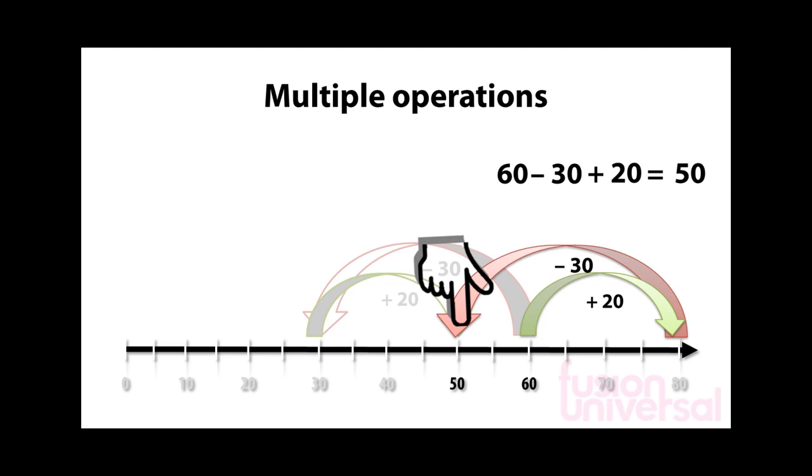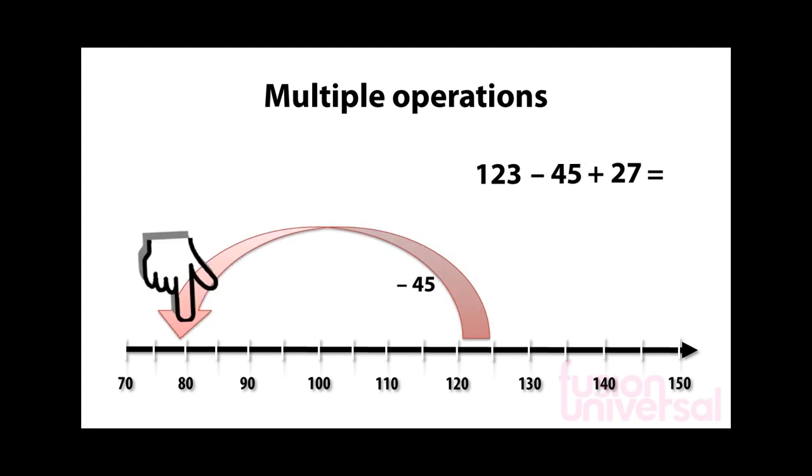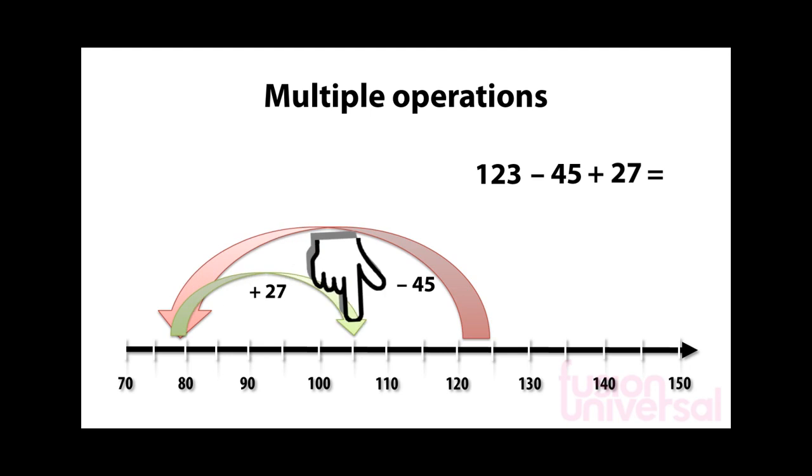We shall now show that there will be occasions when one way may be easier than the other. Let's look at the calculation 123 subtract 45 plus 27. Let's start at 123 and take away 45 to give 78. We then add 27 to give the answer 105.